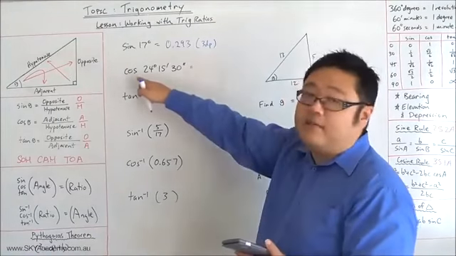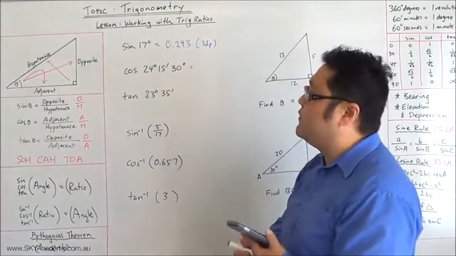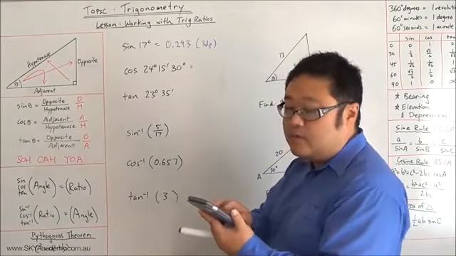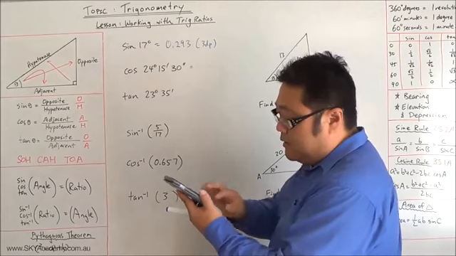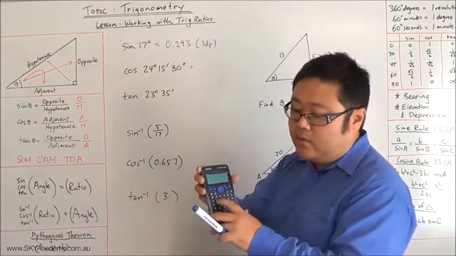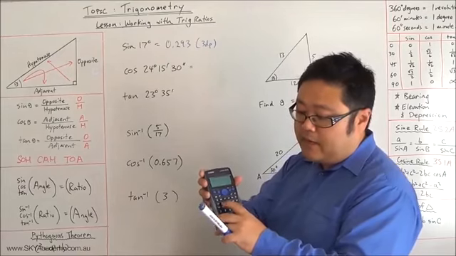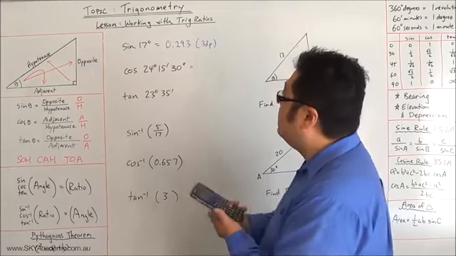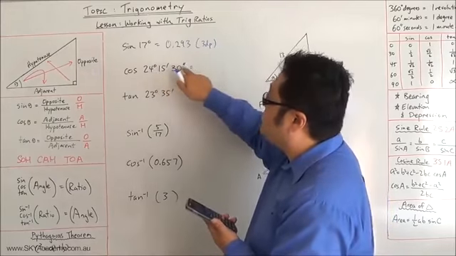I'm going to do the same thing for cos 24 degrees, 15 minutes and 30 seconds. To do that, you press cos, which is next to the sine button, 24, and then there's a degrees, minutes and seconds button, which is a couple of buttons left of the sine button, and you should see that fairly easily because it looks like degrees, minutes and seconds.